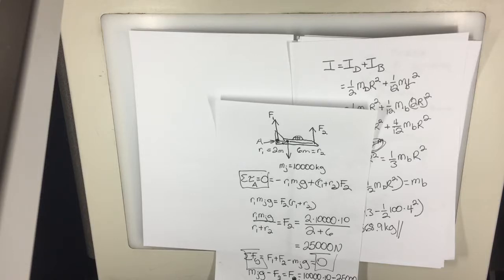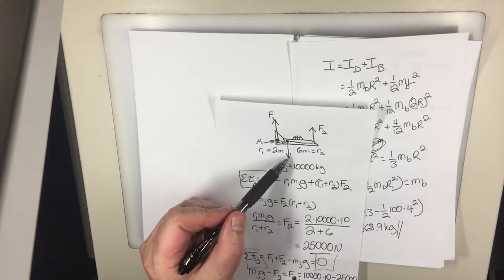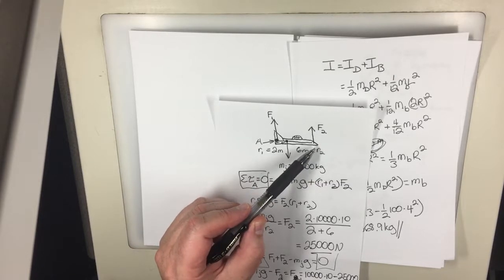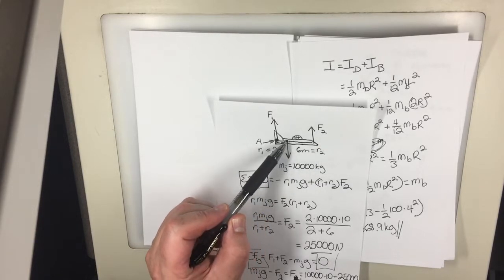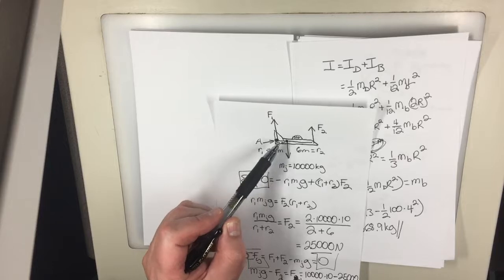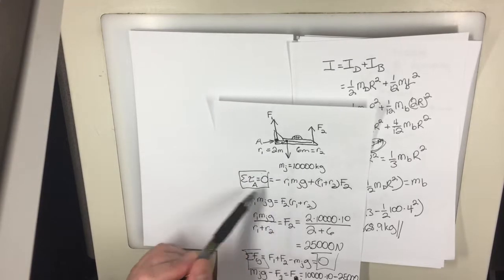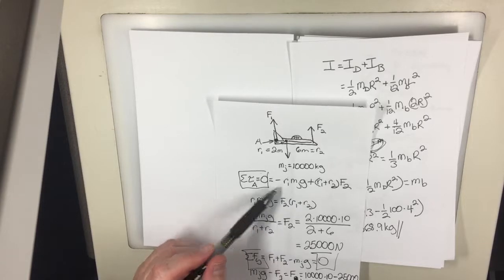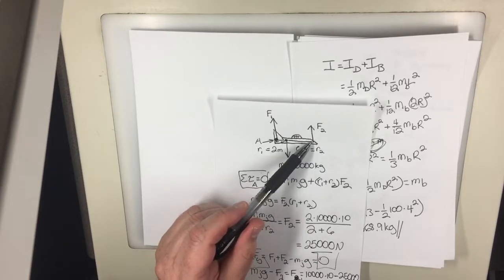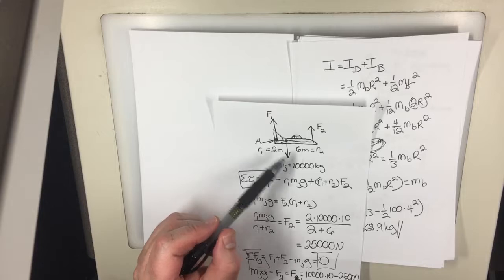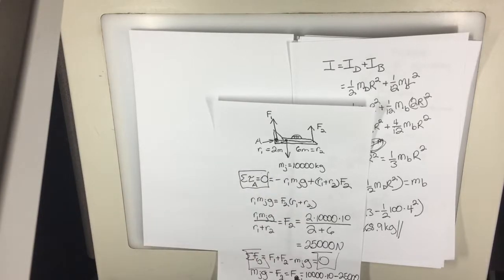There are two torques, one from the mass of the jet, the other one from F2. What's the distance from the center of mass to the rotation point? R1. What's the distance from F2 to F1? R1 plus R2. So depending upon where that point is with relationship to the force, those distances could change.